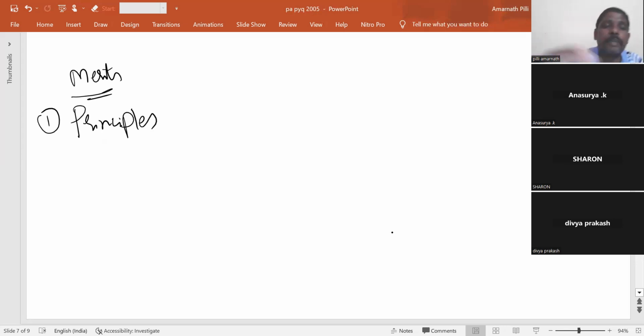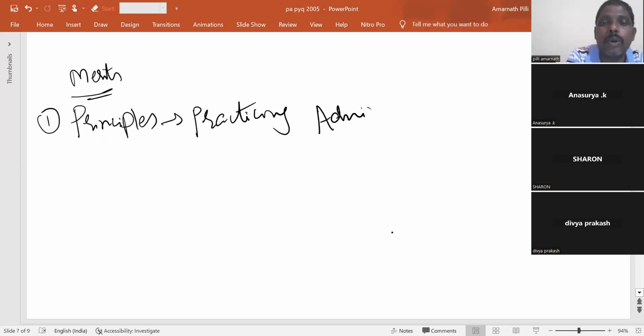These principles were used by practicing administrators. Practicing administrators were now given certain principles which can be used in the administrative process. This is the first advantage. Here we are least bothered where these principles have come from.